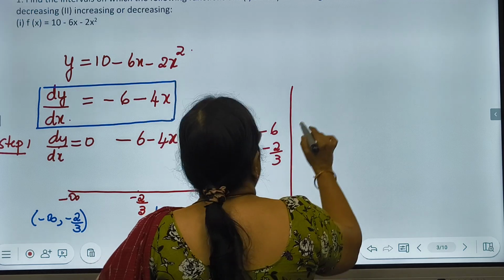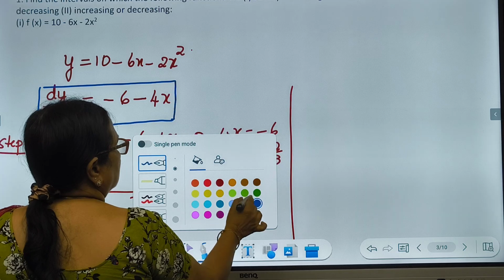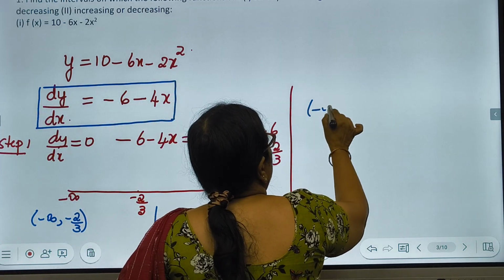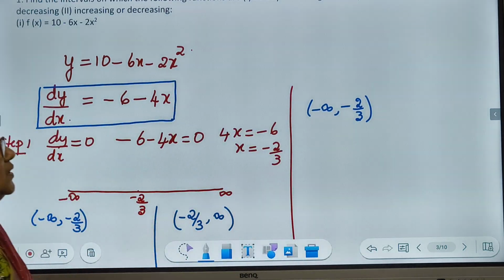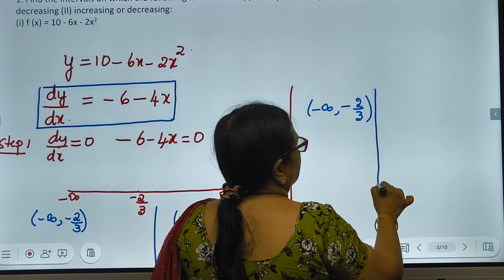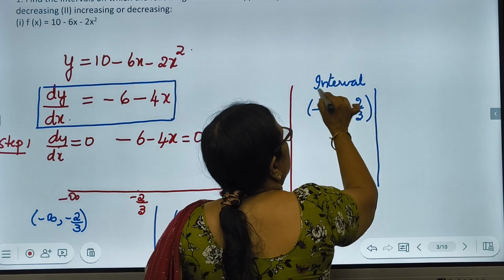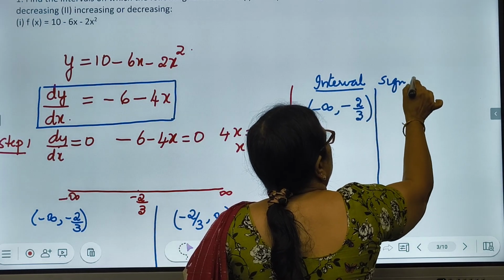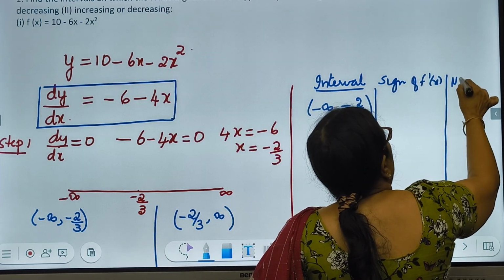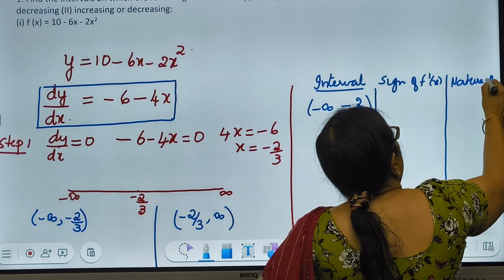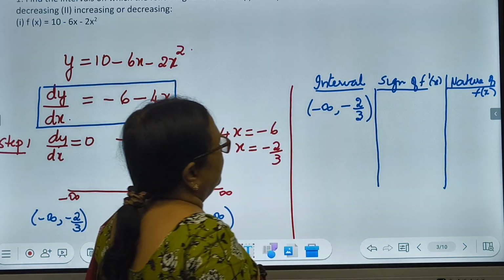So let me first look at minus infinity to -2/3. This is the interval. Then let us see what is the sign of f'(x), and then we will also see the nature of f(x).